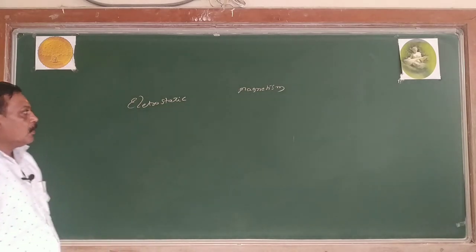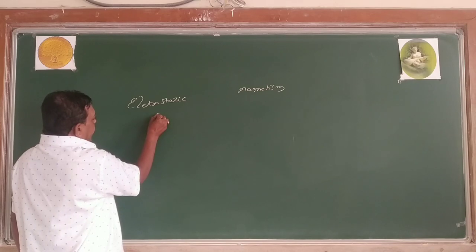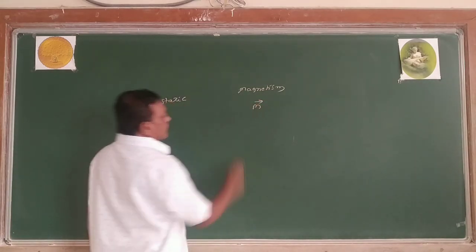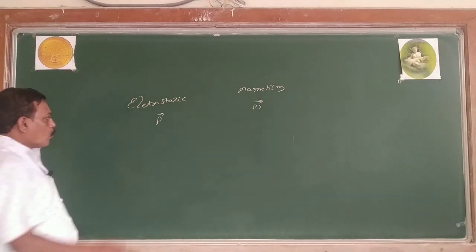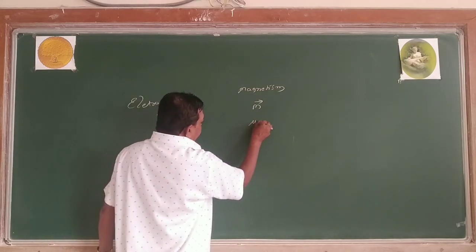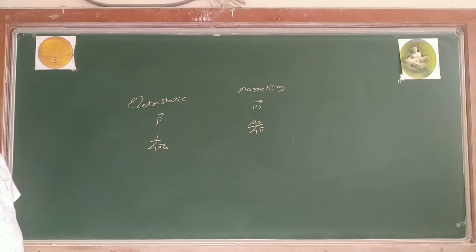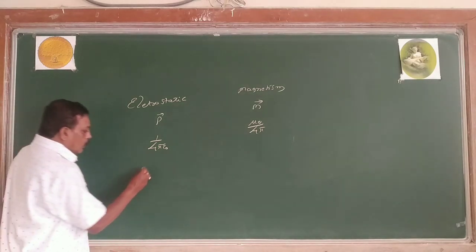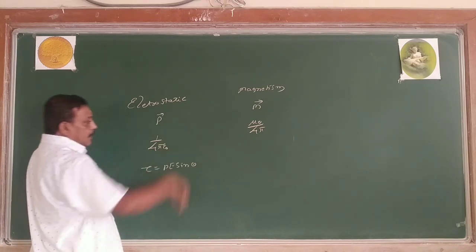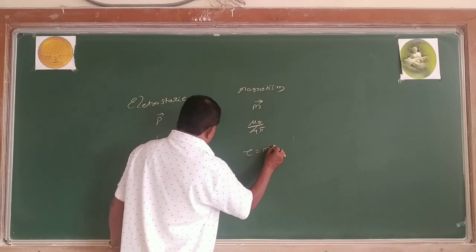In electrostatics we call it the dipole moment P; here it is the magnetic dipole moment M. The constant 1 divided by 4 pi epsilon naught becomes mu naught divided by 4 pi. In electrostatics, the torque tau equals P E sin theta. In magnetism, the torque tau equals M B sin theta.